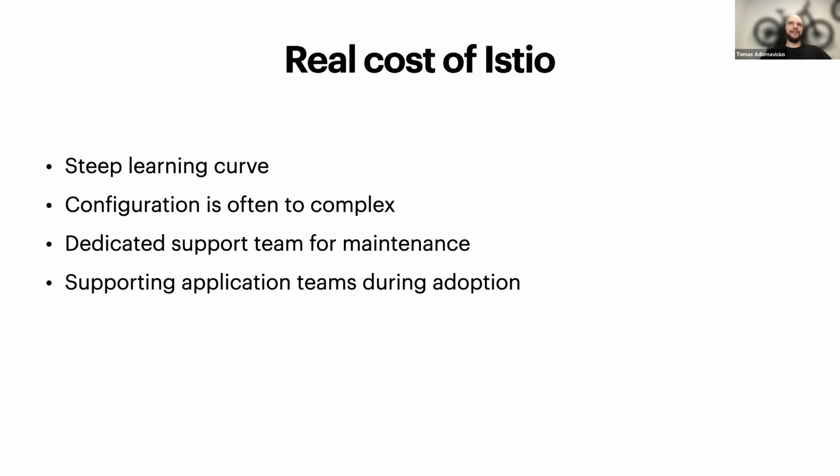So if we add Istio into the mix on top of Kubernetes, which is also a complex system for most people, you need some advocates of Istio and the features that it brings. Once these teams migrate to Istio, you need to help them implement the features that they need with the help of Istio. So you need someone to advocate and keep an eye on the configuration that you're putting into your service mesh.